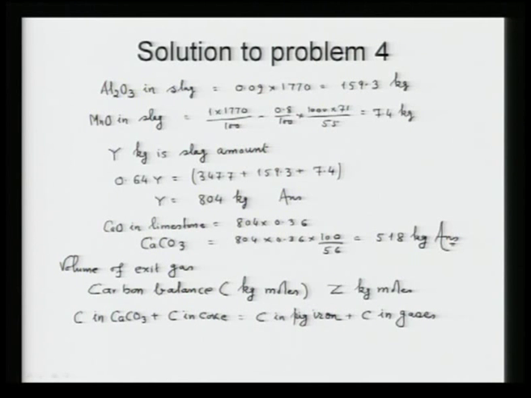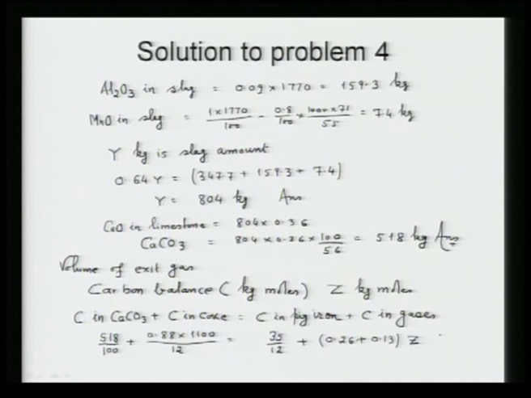So, now this is to be written. Carbon in CaCO3 will be 518 upon 100, plus 0.88 into 1100 upon 12, that is carbon in coke, equals carbon in pig iron in kg mole, 35 upon 12, plus carbon in gases, say 0.26 plus 0.13, and Z is the kg mole.